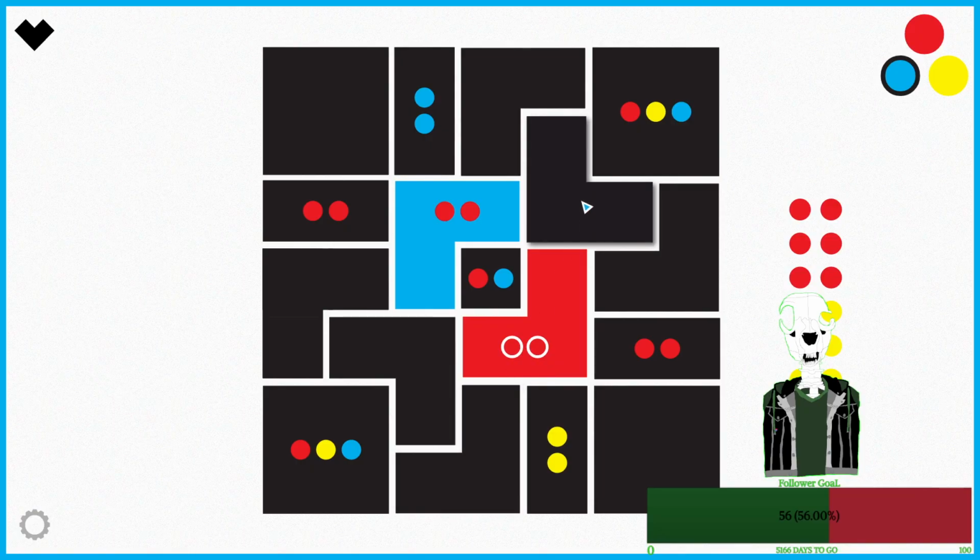Which means if these two are red, it means absolutely everything to this. The only thing that this touches that won't affect this is this. But only one of these two can be red.